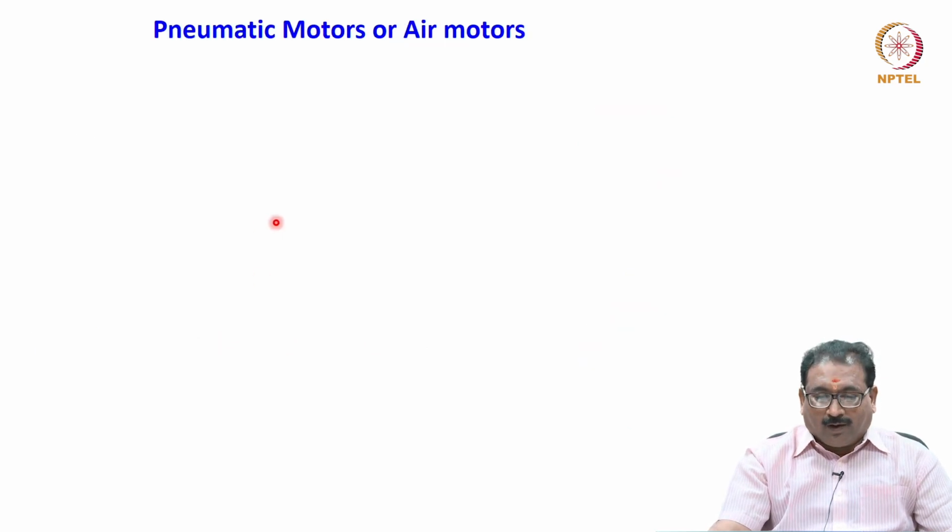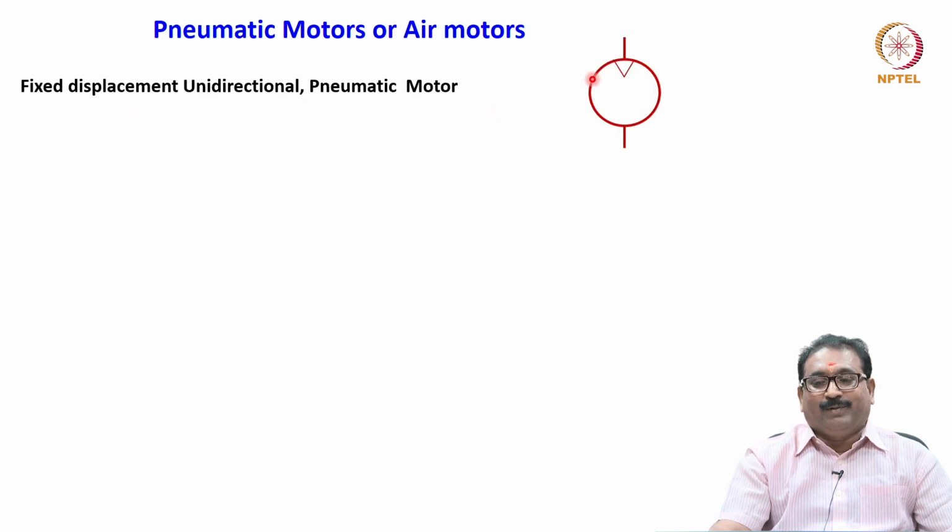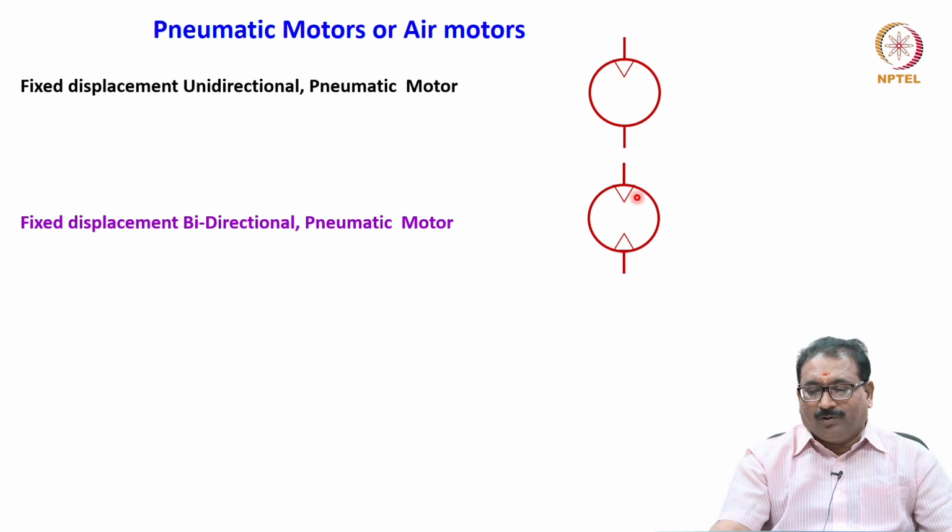Later we will move on to the pneumatic motors, also known as air motors. How to represent? Same as previously, correct, but the triangle is not filled. How to read? Fixed displacement unidirectional pneumatic motor. If you put 2 arrows here, triangle not filled, it is read as a fixed displacement bidirectional pneumatic motor.